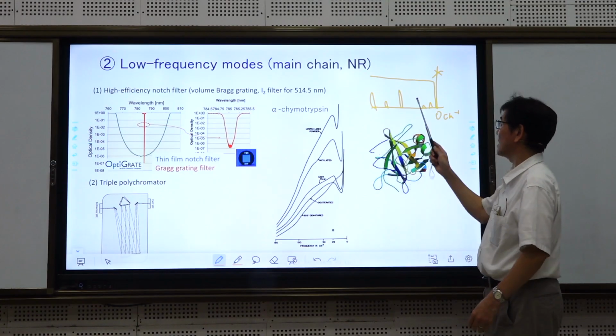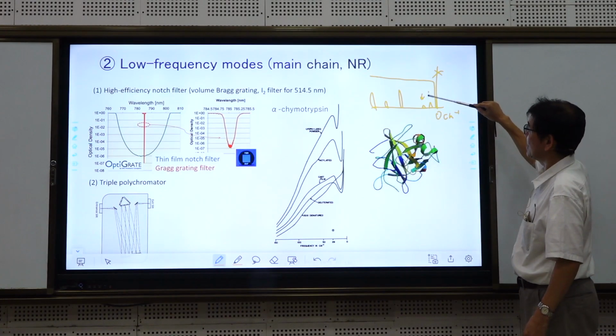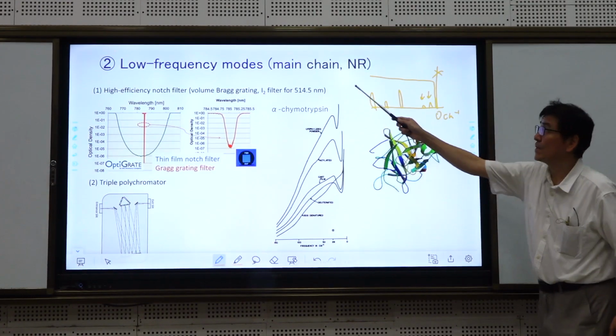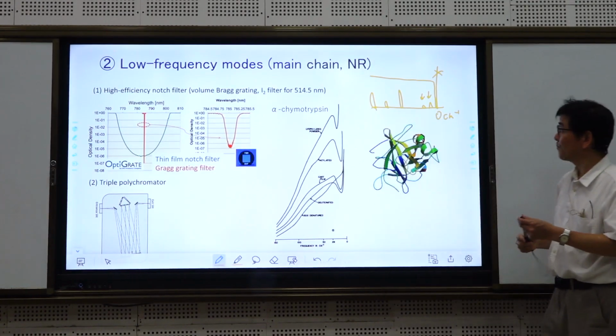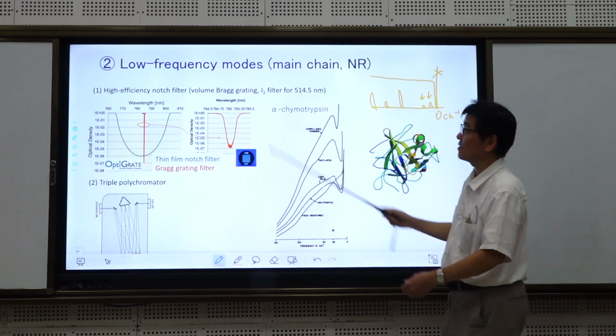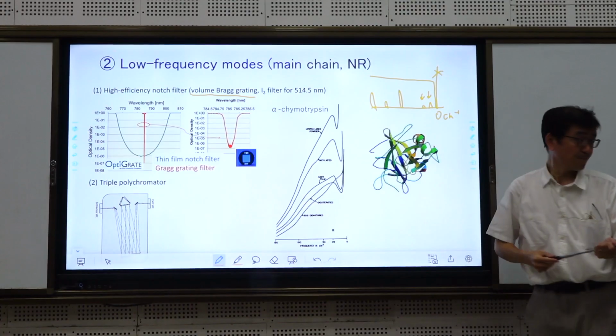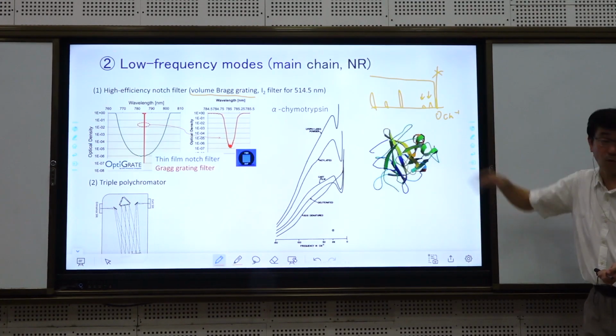By doing so, we can detect some important bands in the low frequency region. Okay, so using a nice filter is one method to detect low frequency modes.